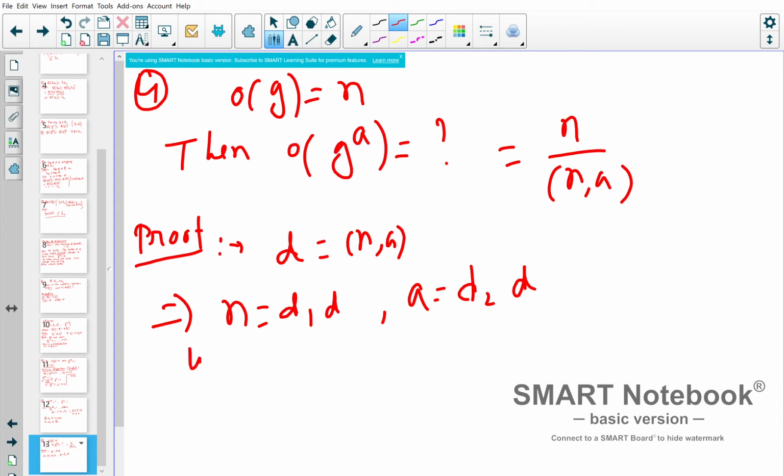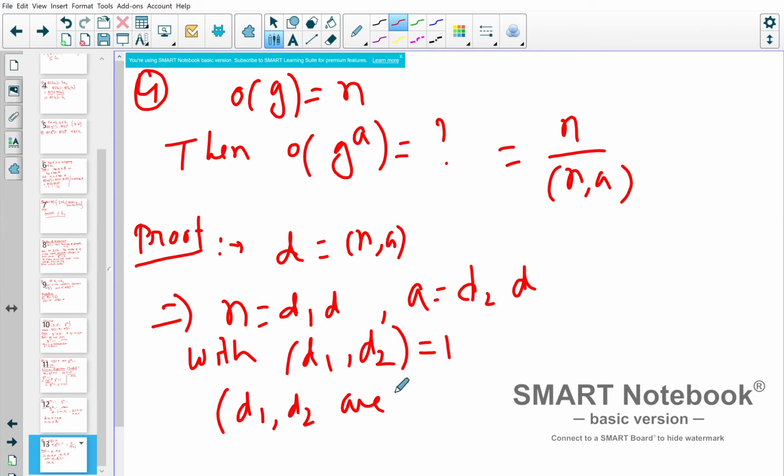With what? This is the greatest common divisor. So what does that mean? That means there cannot be any common factors between d1 and d2 other than 1. Okay, so d1 and d2 are co-prime.